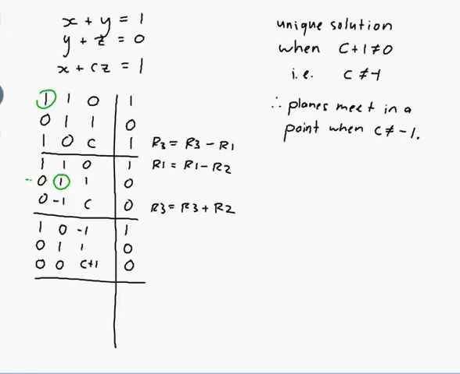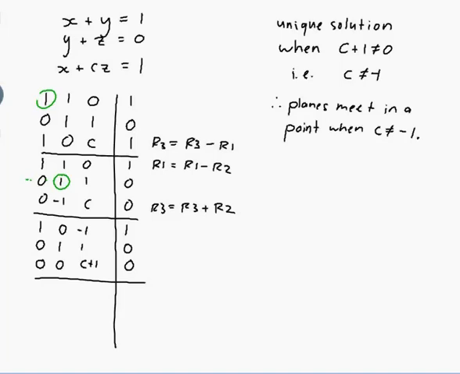Now, when c is minus 1, we'll get a row of zeros there, which means we'll have a pivot in the first column and a pivot in the second column, but no pivot in the third column, which would make that third column a free variable. It could be whatever we wanted, and once we figured out what it was, we could figure out what the other two were. Because I can have whatever I want there, that gives me infinite possibilities.